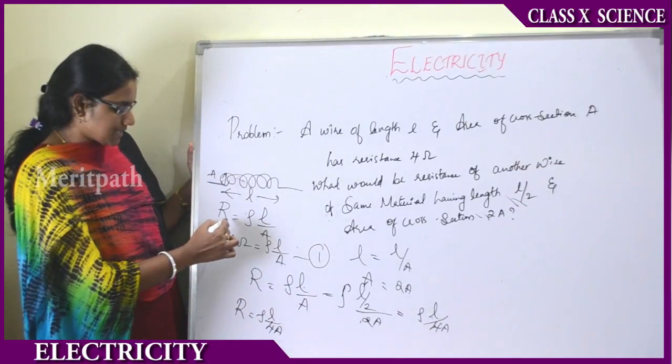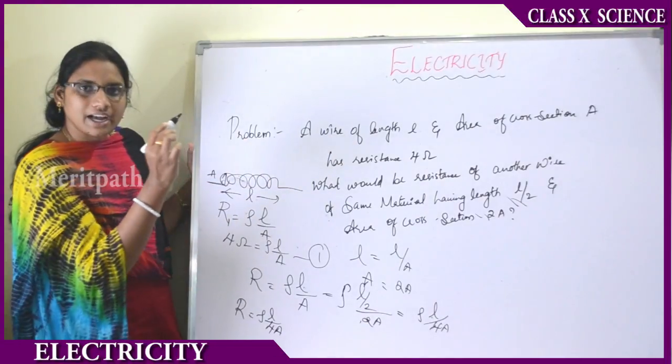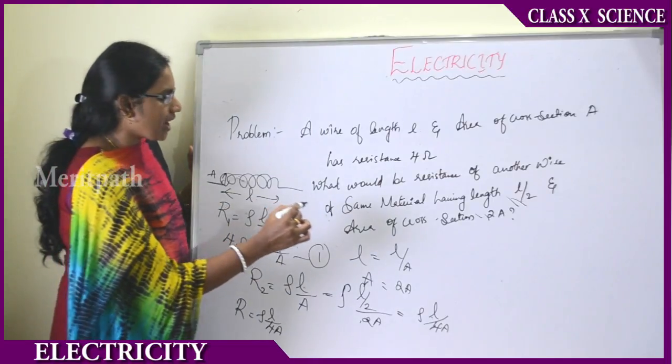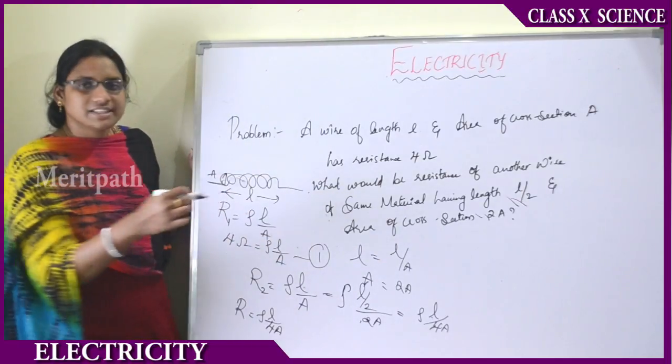Okay, this is R1 for the first conductor and this is R2 for the second conductor. Now we have to find out the resistance of the second wire.